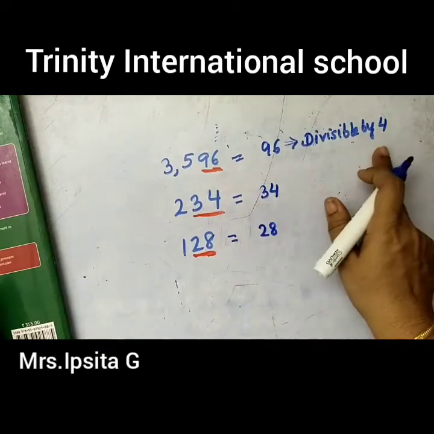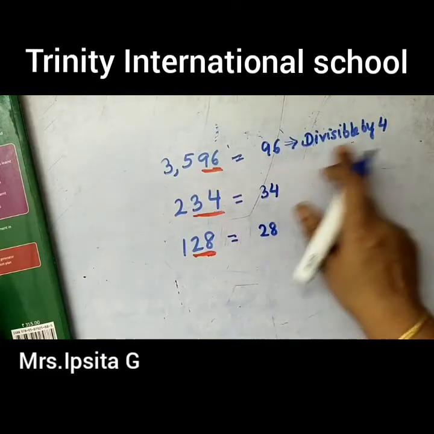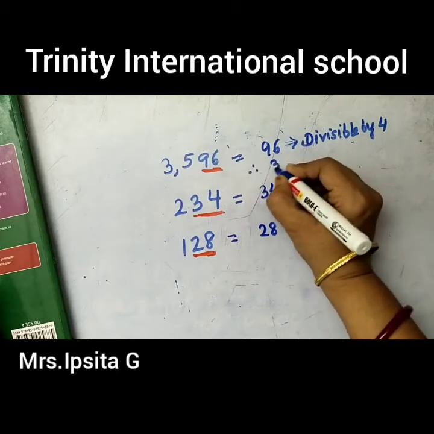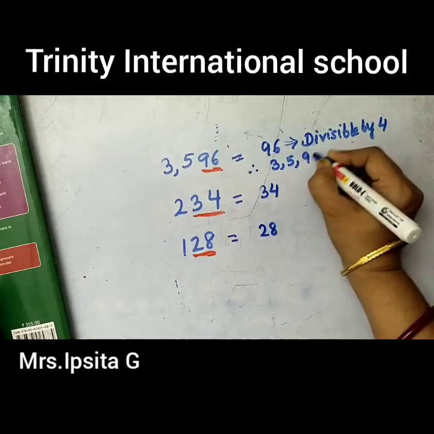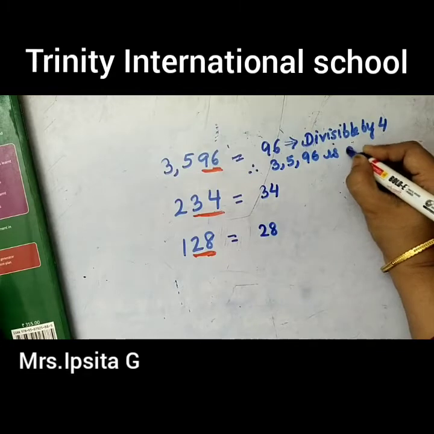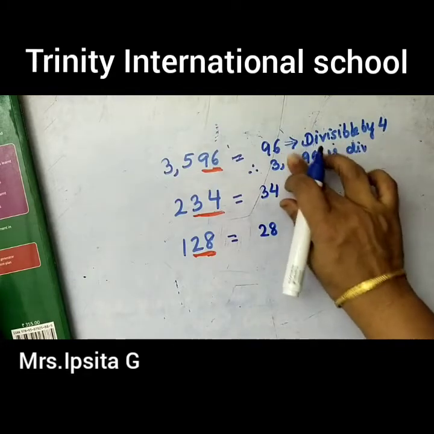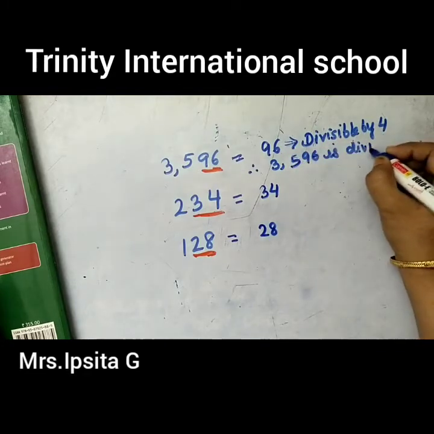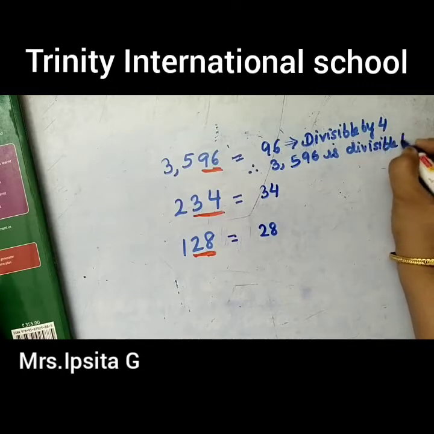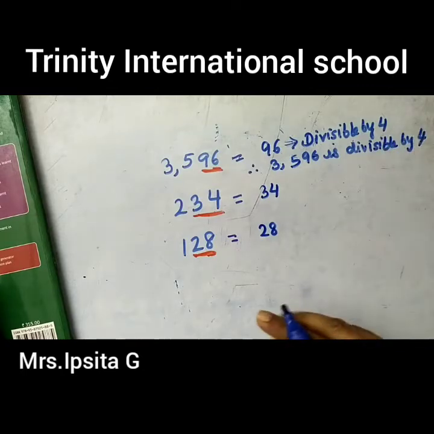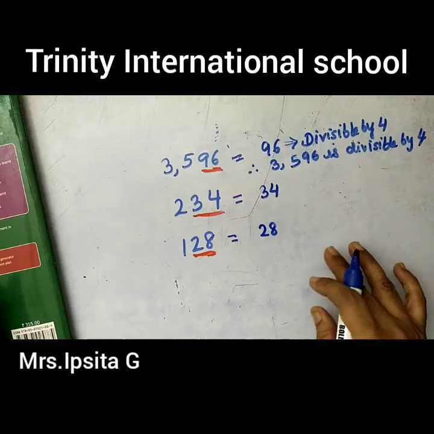So we can write 96 is divisible by 4. Therefore 3596 is divisible by 4. Okay. So like this we can conclude.